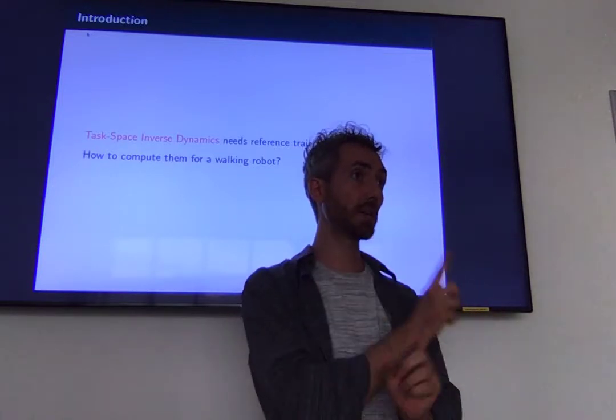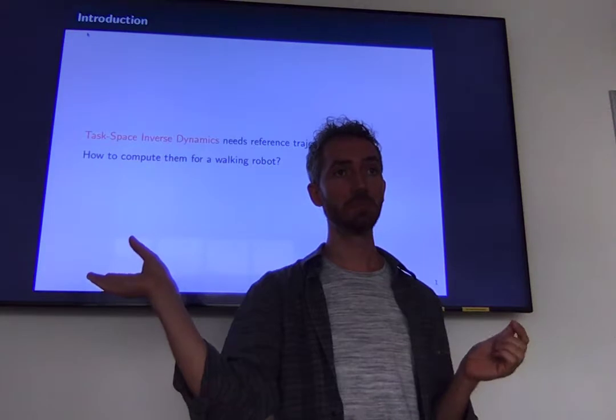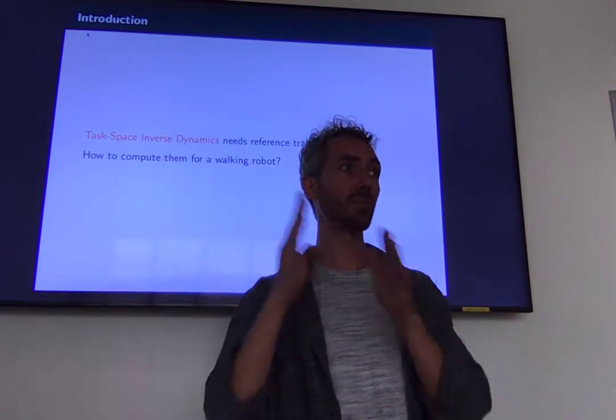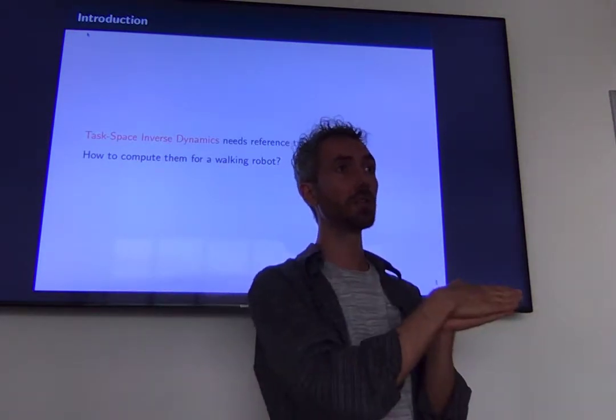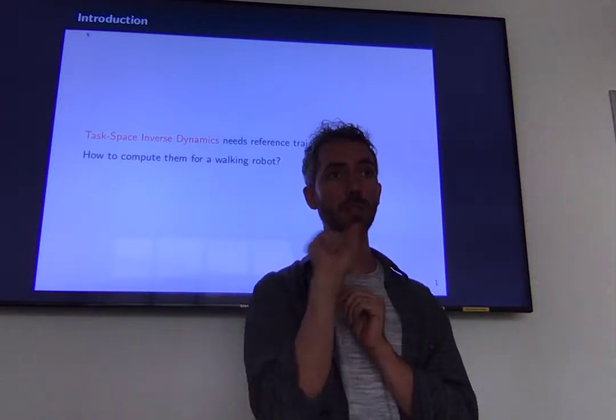Whereas when you're doing trajectory optimization, you're finding an open loop control, basically. So you find a mapping from time to control signal, not from state to control signal. Okay, that's the key difference.